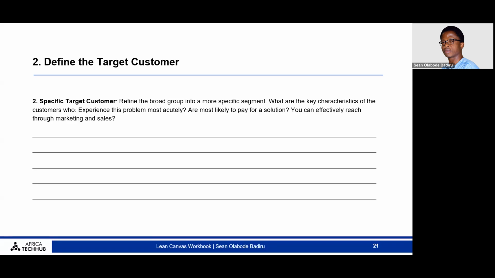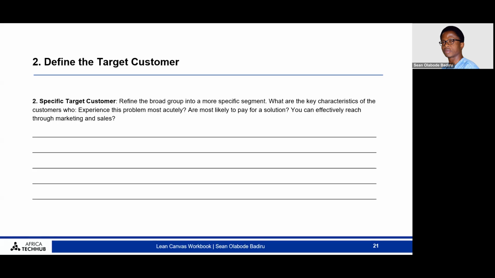A group of people that are likely to adopt your solution, but you can't reach, are not specific target customers. They are broad target customers. So what makes a target customer specific is that they fulfill all of these conditions.